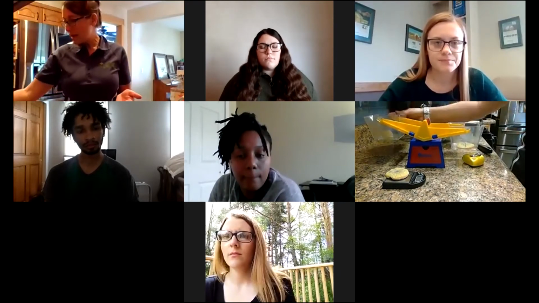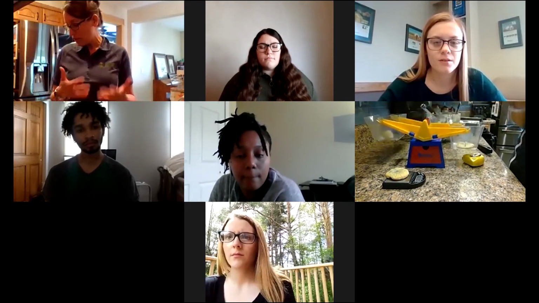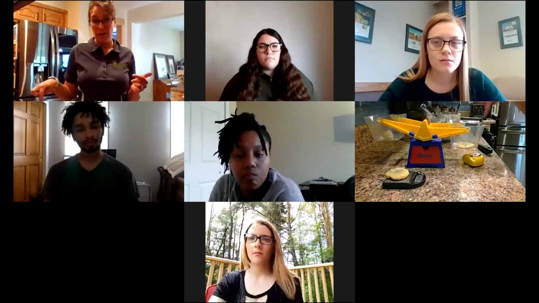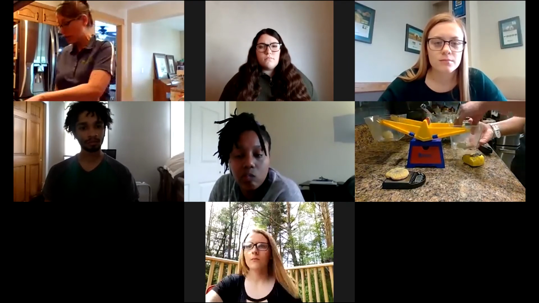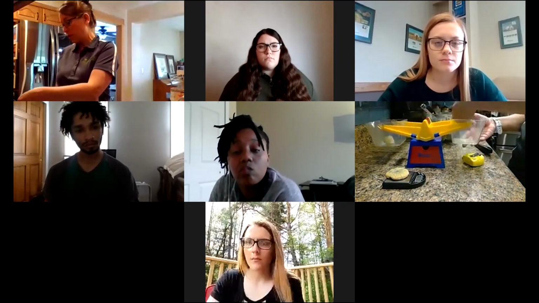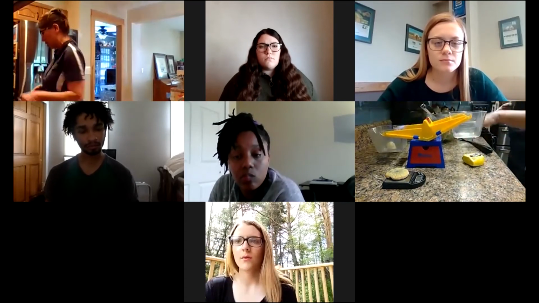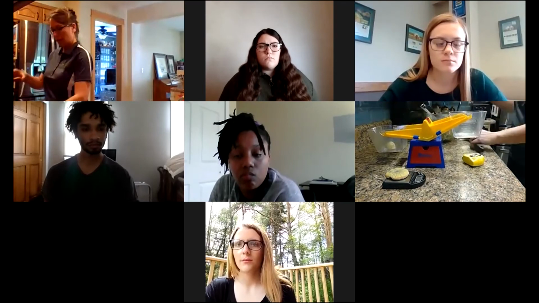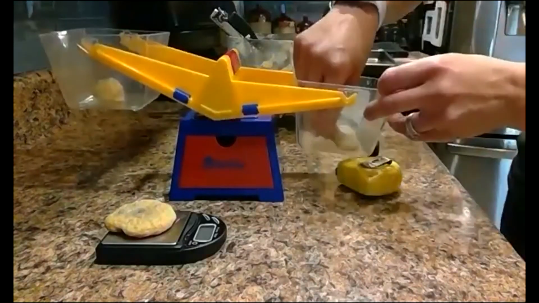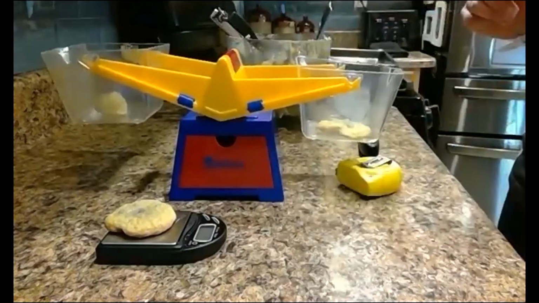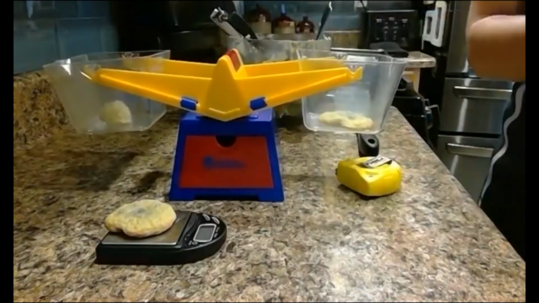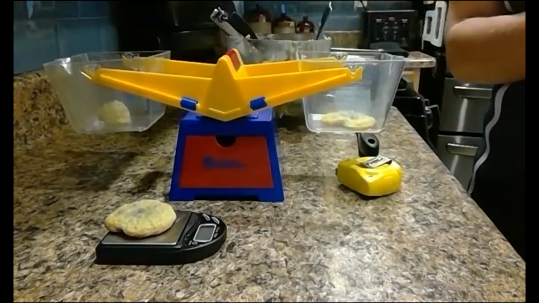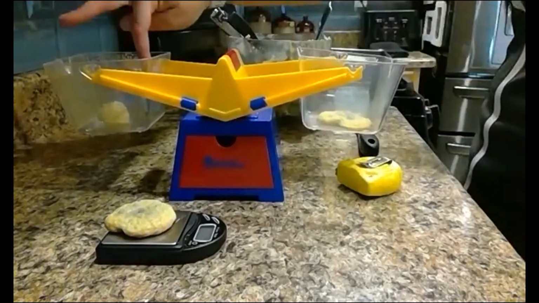The other thing is that it could be just variations. This cookie could have had a little bit more scooped on it. We could check by using a different cookie from the cookie sheet, because that goes down quite a bit. Do you see what's happening now? This one is slightly lower on it.